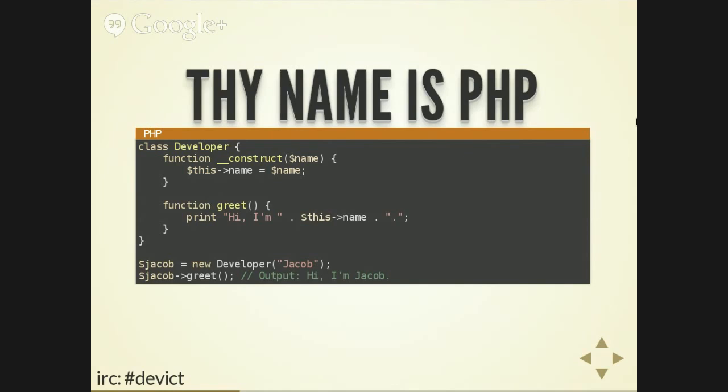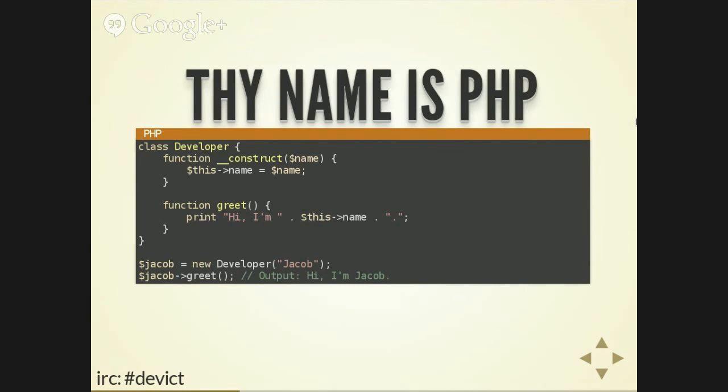So from here to here, this is all the part that gets built up before the word name. Developer is a class that has property name. And the word this also suggests that it's referring to a particular instance, a developer. So if I had more than one developer, it'd be like, well, this developer's name is Jacob. This developer's name is Matthew. This developer's name is Brian. This developer's name is Jim.